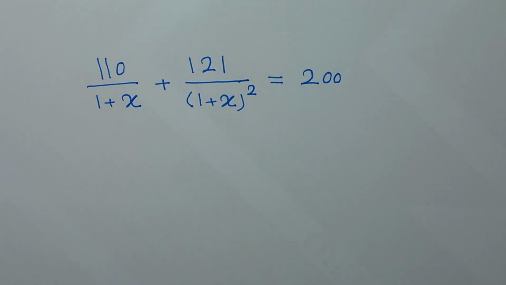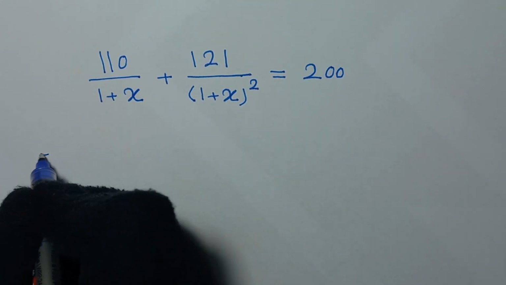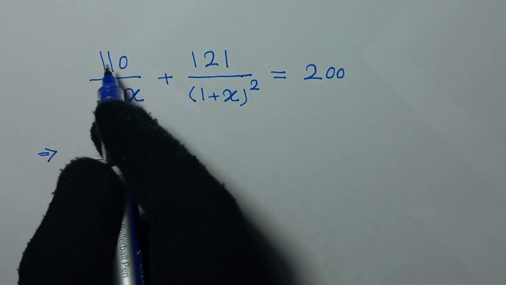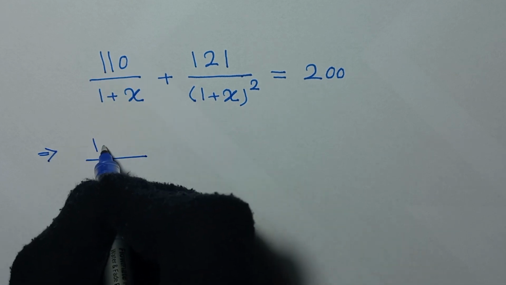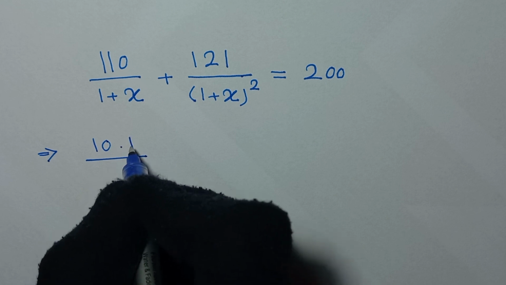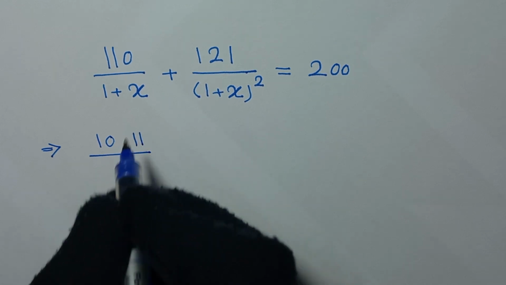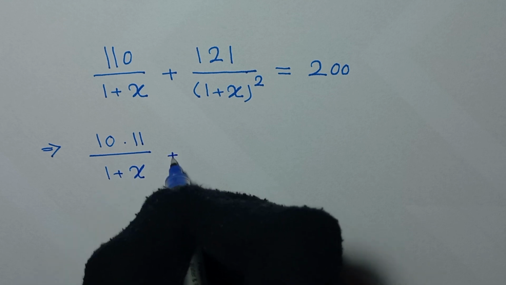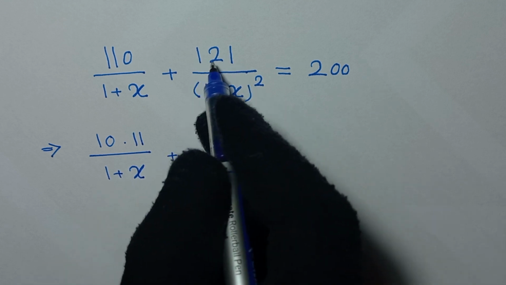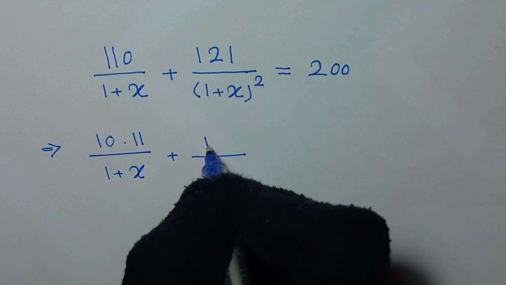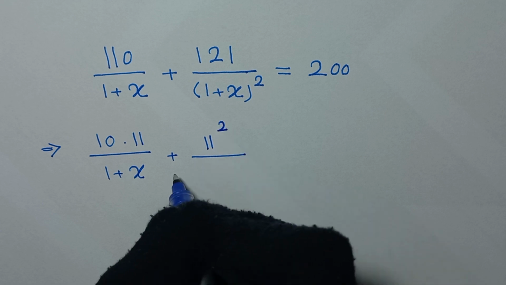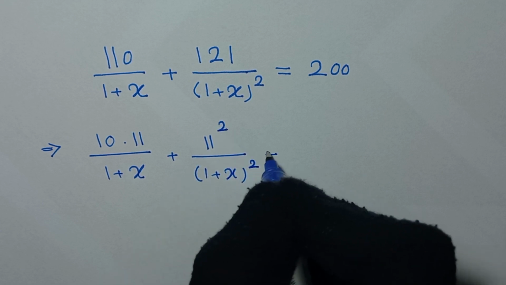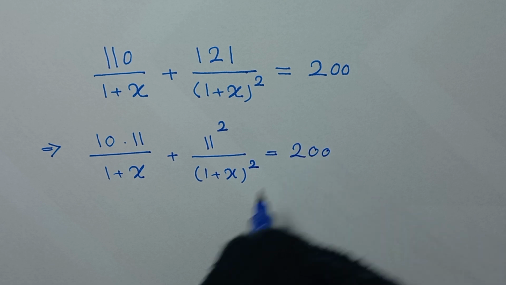In the first step, we can write 110 as 10 times 11 over 1 plus x, and plus, we can write 121 as 11 to the power of 2 over (1 plus x) to the power of 2, is equal to 200.